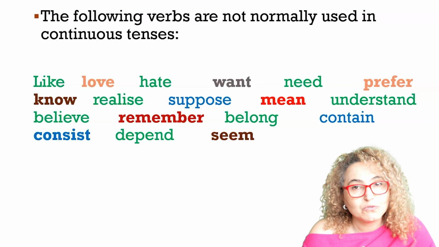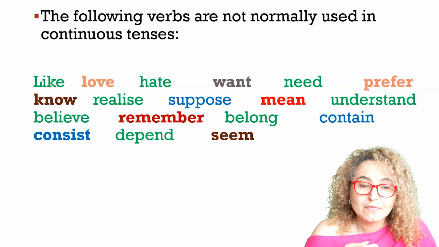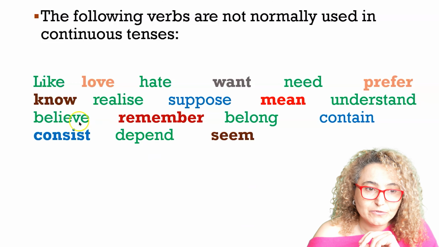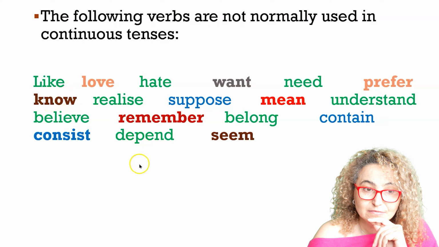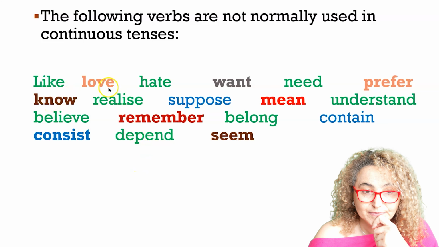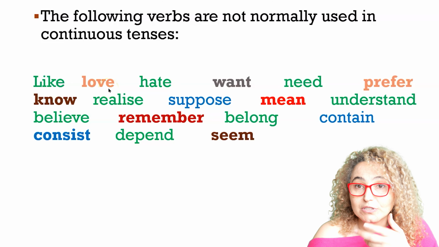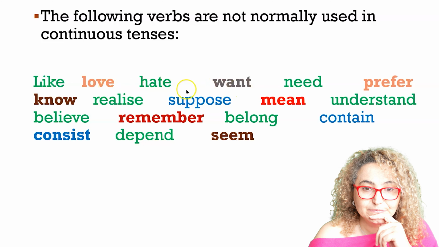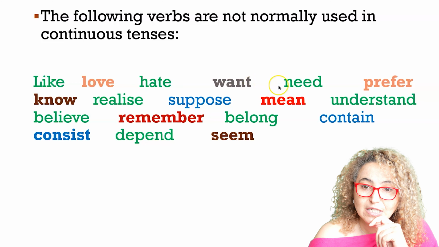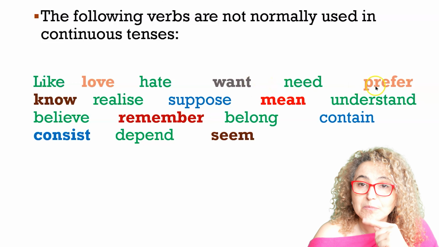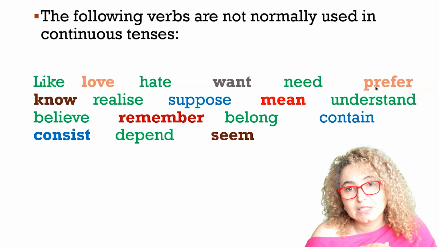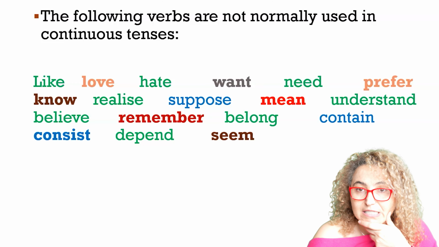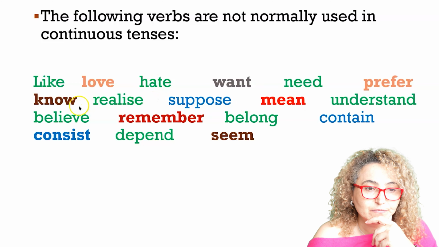These are verbs we don't use ing with, okay? So these are some examples of the verbs, like love, I love food, for example. Hate, want, need, prefer, I prefer to study English rather than studying other languages, for example.